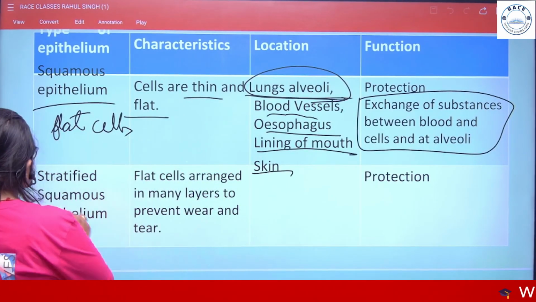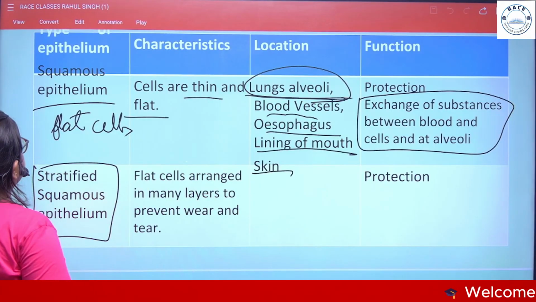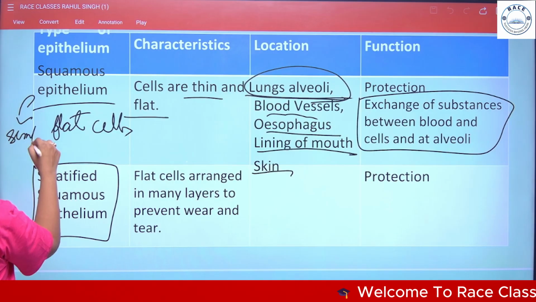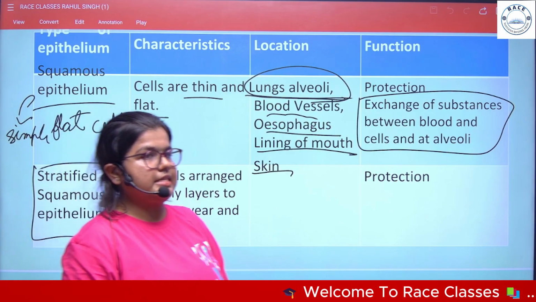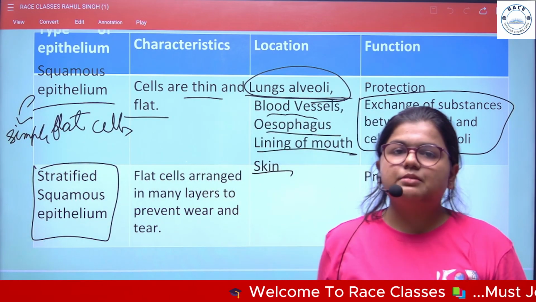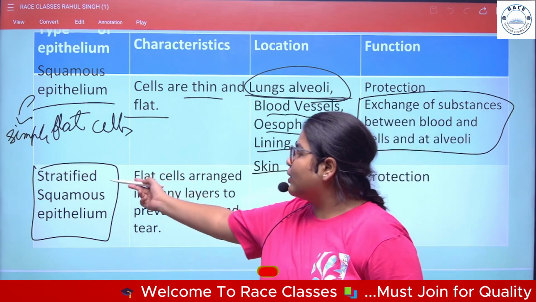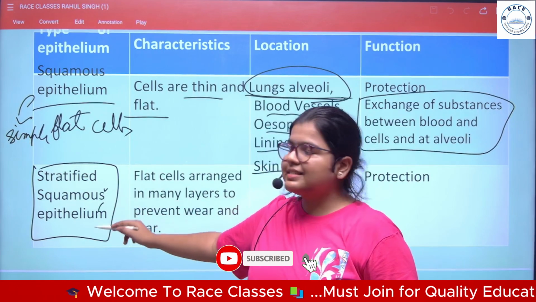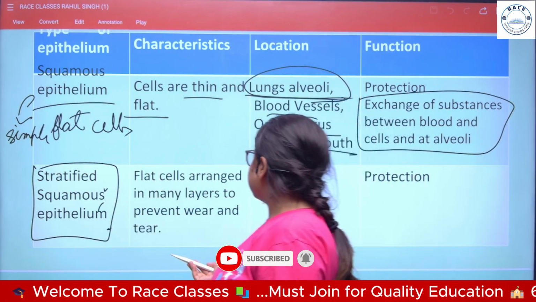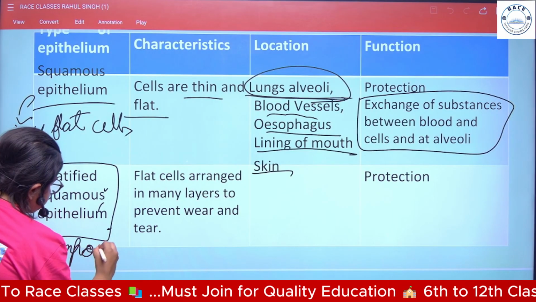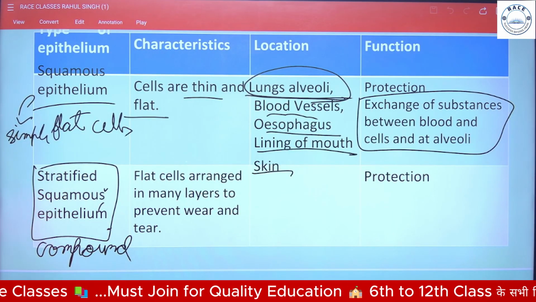And when we talk about this, this is simple squamous epithelium. That means it is made up of only one layer of cells. But whenever the squamous epithelium is made up of more than one layer of cells, it is known as stratified squamous epithelium, or you can say compound squamous epithelium.